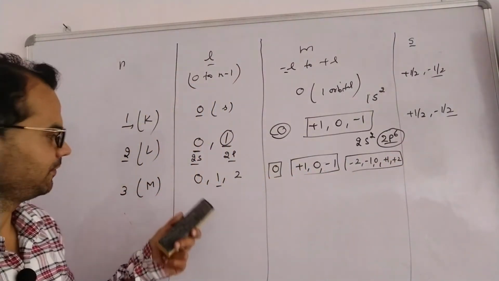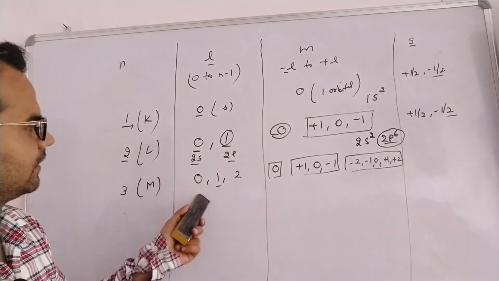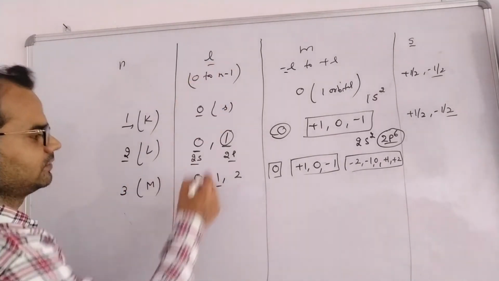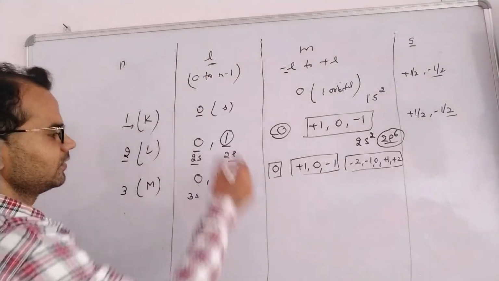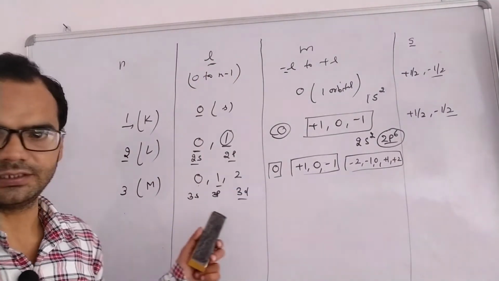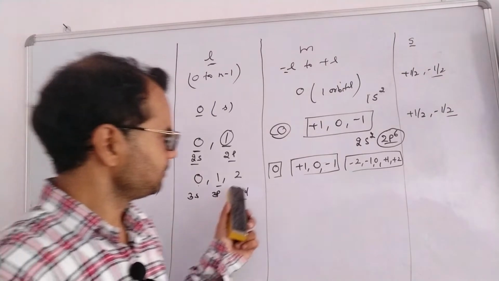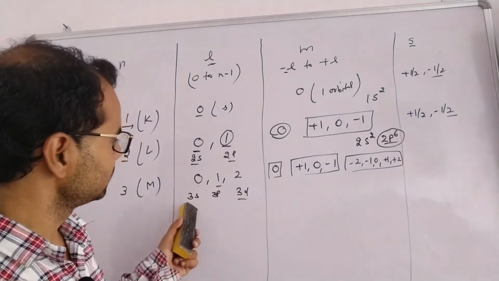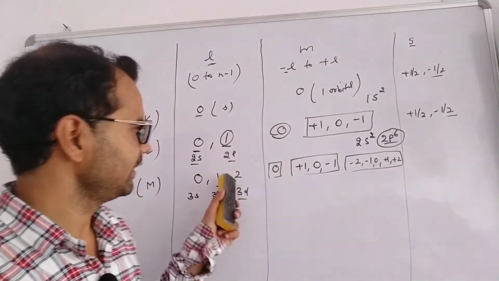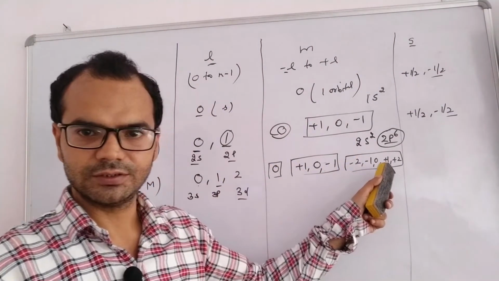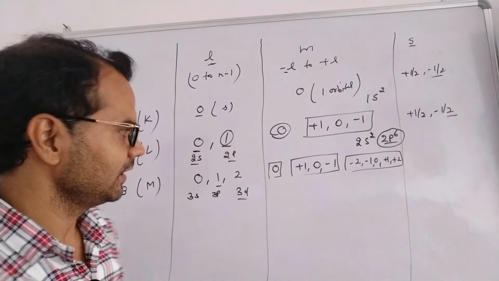So we can give them names again for the third shell. The third shell contains 3 subshells: L0 is 3s, L1 is 3p, L2 is 3d. Easy. And the s subshell has 1 orbital, p has 3 orbitals, and d has 5 orbitals. So the total number of electrons will be 18.